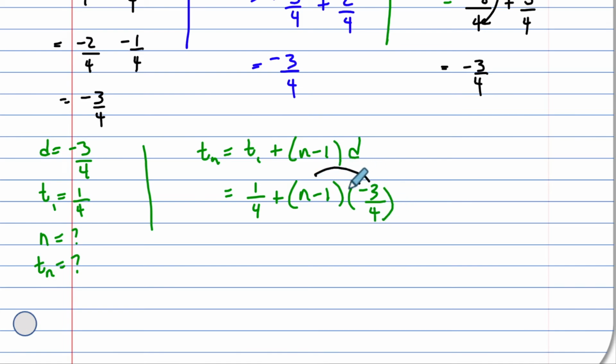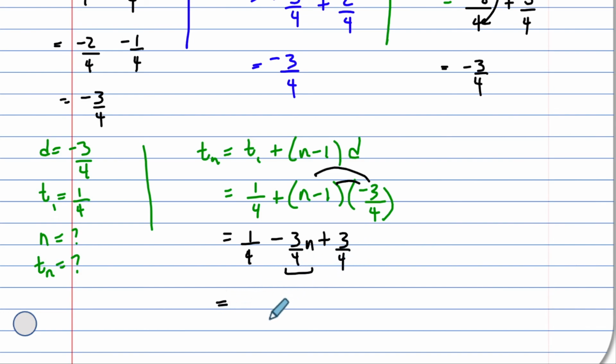We need to distribute, so we have 1/4 plus, now it's negative 3/4 times n, so really what I should do is, I know it's a plus, but it makes more sense if I write it as a negative 3/4 n, and then negative times negative is a positive 3/4.